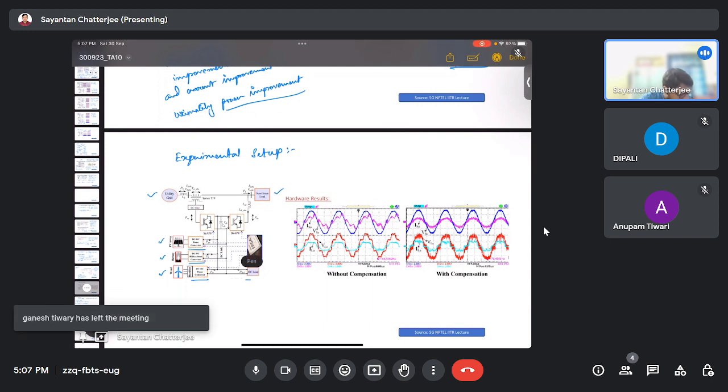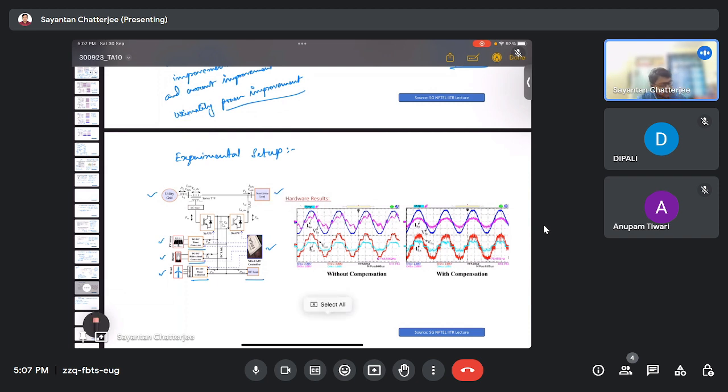There are some DC loads connected, and these are the controllers.